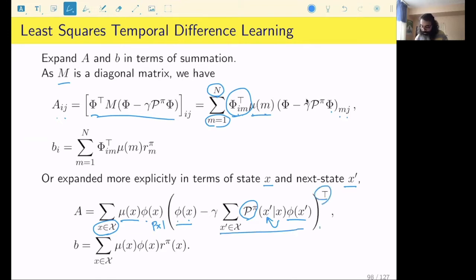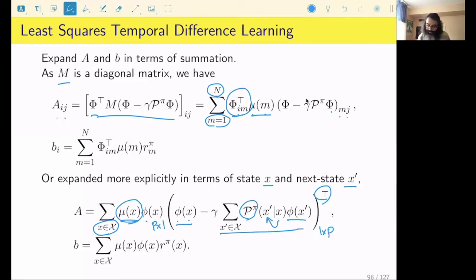So it would become a 1 times p vector. And then the whole thing would be a p times 1 and a 1 times p matrix, so a p times p matrix that is weighted according to this distribution mu.